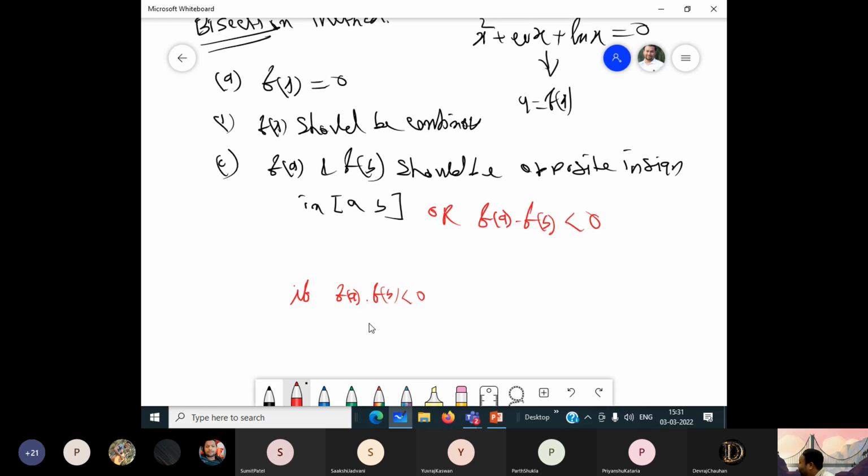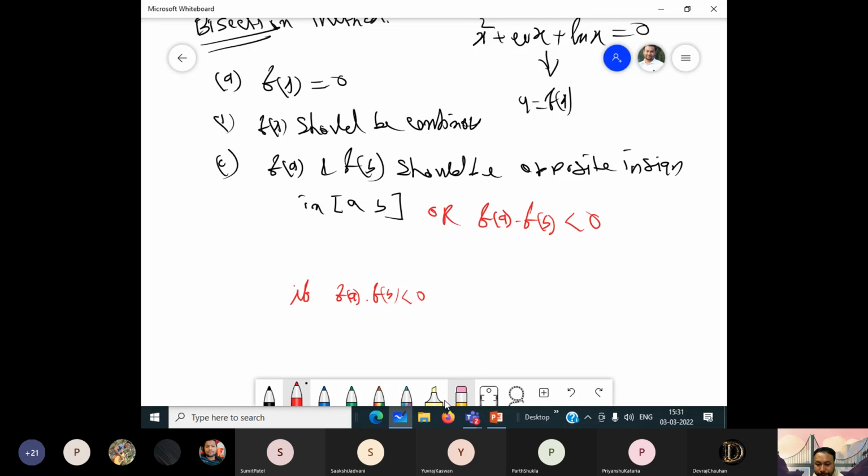To represent this theory in an algorithm, f of a into f of b less than 0. This is called the algorithm. Sometimes we become confused about how to represent our language in machine language. I hope these are the two conditions we have to remember.